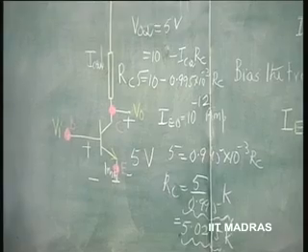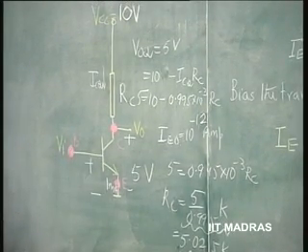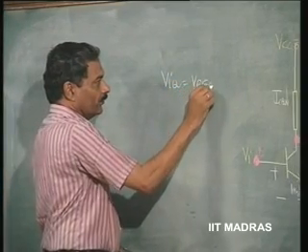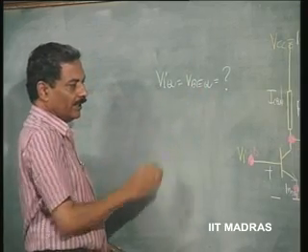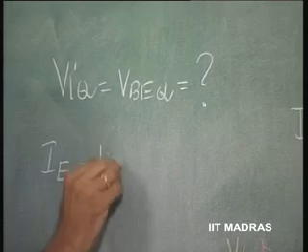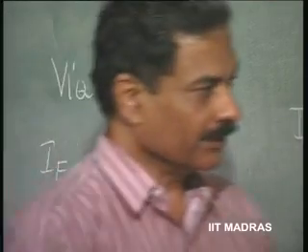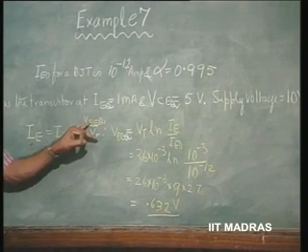Now we have to find out what V_BEQ should be, in order that I_E is made equal to 1 milliampere. This we can look at here. The equation is I_E equals I_E0 exponent V_BEQ by V_T.